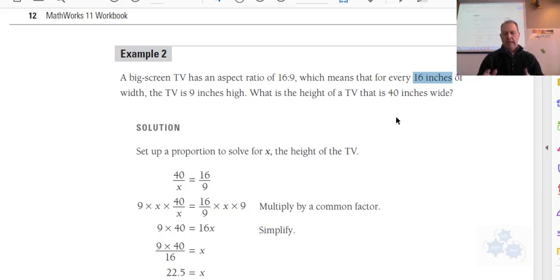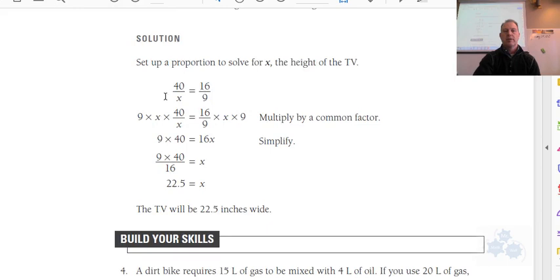Okay, so here we've got a width and a height. That's the 16 by 9. And we've got another width, the 40, and we're asking for the height. So this is where the idea of the proportion comes in. See, this right here is a proportion. Remember we learned about what a proportion was? That's a proportion.